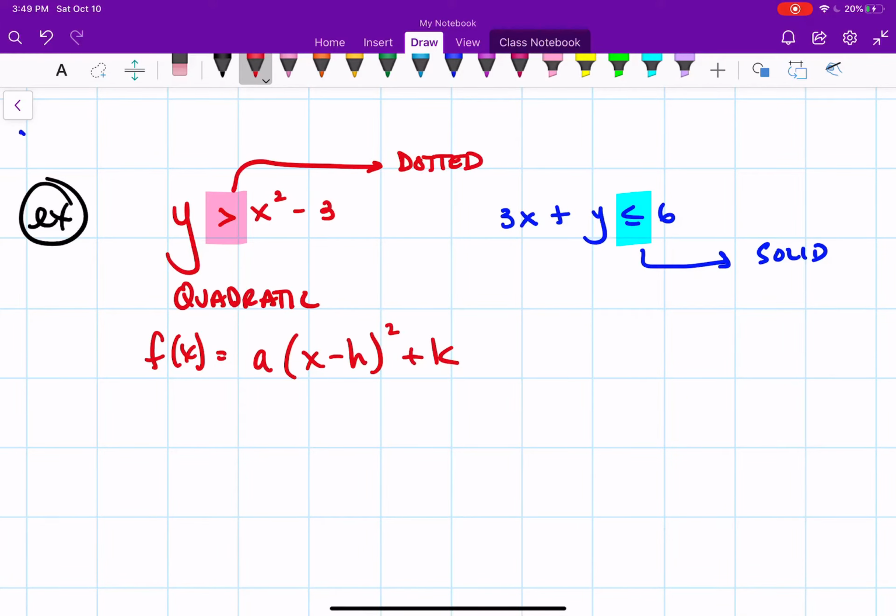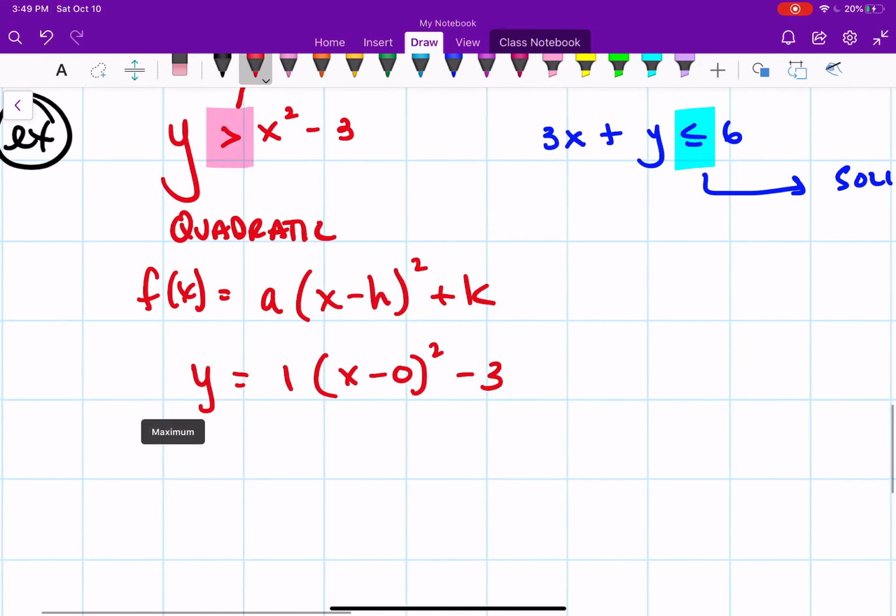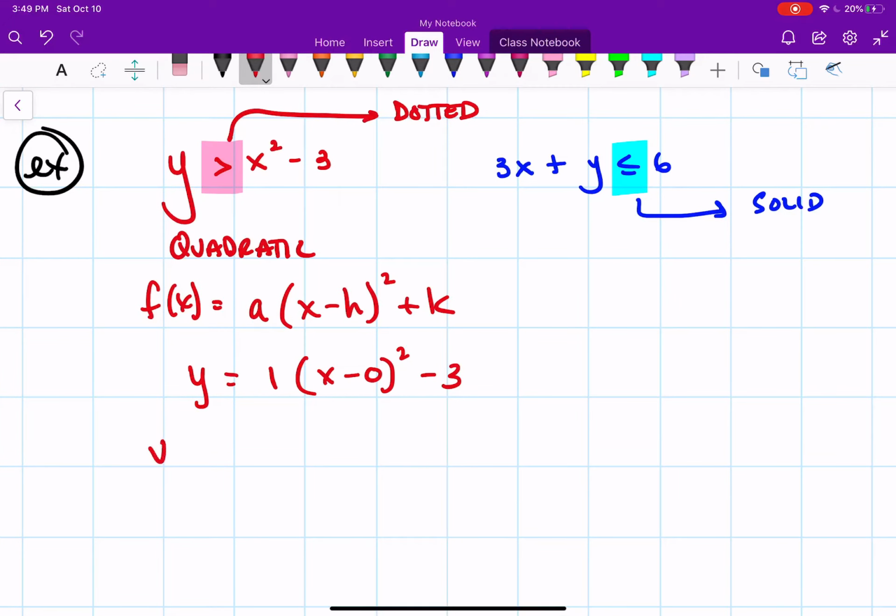So if I was to connect the same thing, I'll have y equals 1 times x minus 0 squared minus 3. So if you look at that, what do I know? I know that my vertex is 0, negative 3.